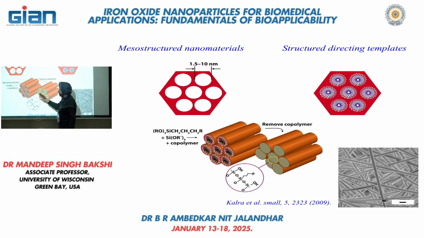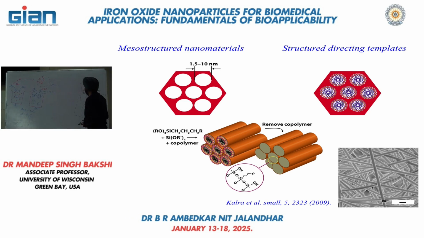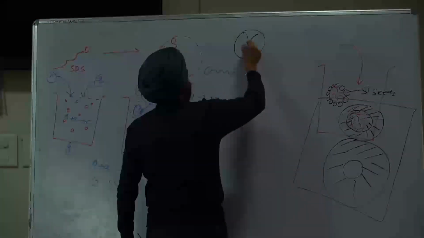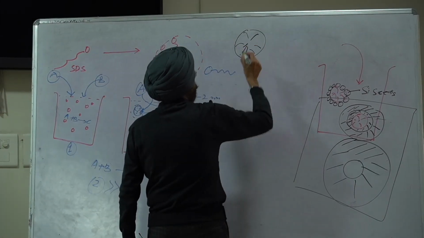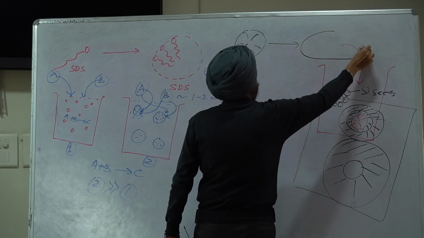So they are created as we created over here, but instead of the conventional surfactant micelles, here we have to take the polymeric micelles, which have the shape transformation. Remember, I told you that micelles are going to transform their shape if we increase the concentration of the surfactant, and the micelle is going to take this shape.